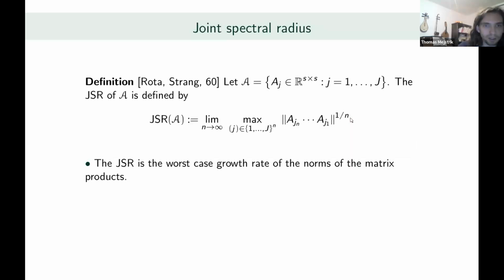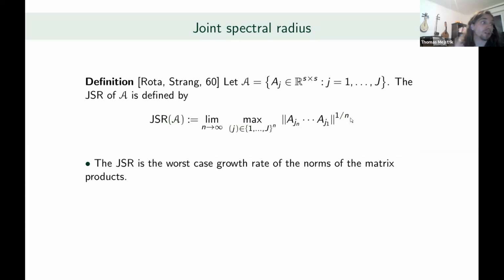So again, the definition. Interestingly, the joint spectral radius was invented in 1960 in a small paper in a small journal, and it was not really recognized until much later, I think by Daubechies.